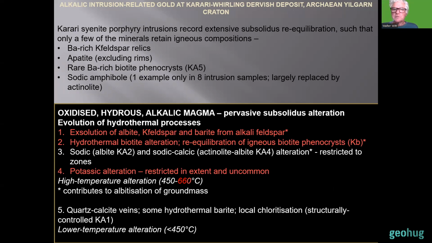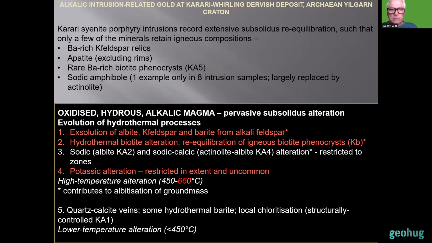The pervasive subsolidus hydrothermal alteration evolved from early exsolution of albite, K-feldspar, and barite from alkali feldspar, followed by hydrothermal biotite alteration, including the re-equilibration of most of the igneous biotite phenocrysts. Thirdly, and related to influx of external fluids, sodic and sodic-calcic alteration, and most importantly, but restricted in extent, the potassic alteration.